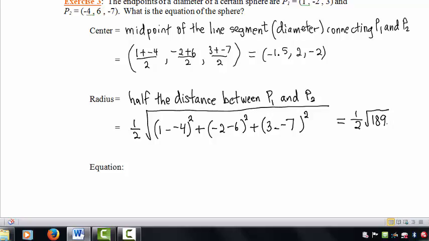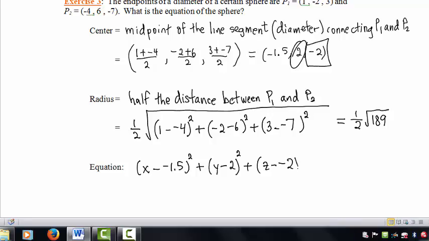Now the equation of the sphere is set up in a similar manner to the equation of a circle. We have x minus the x-coordinate of the center squared plus y minus the y-coordinate of the center, that's 2, squared, plus z minus the z-coordinate of the center squared equals the radius squared.